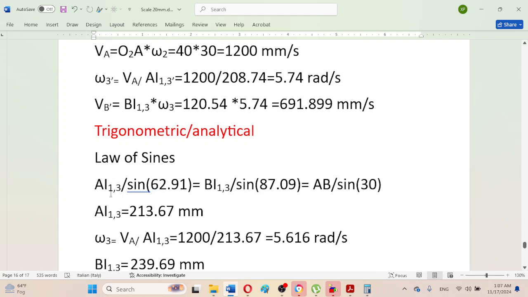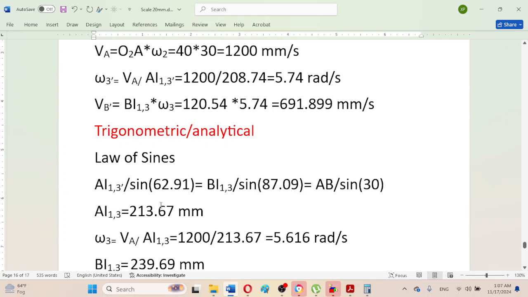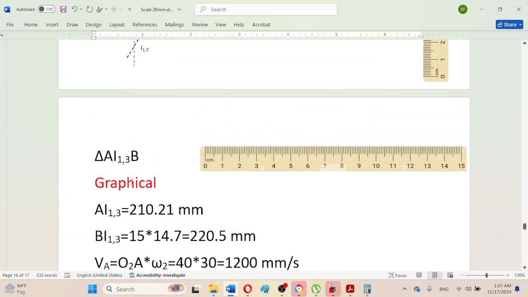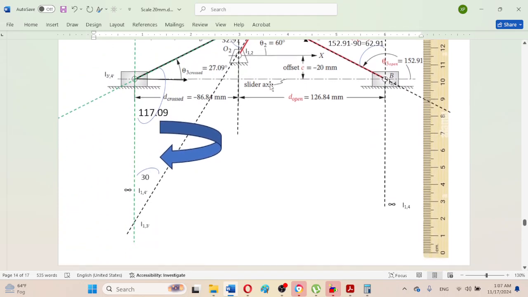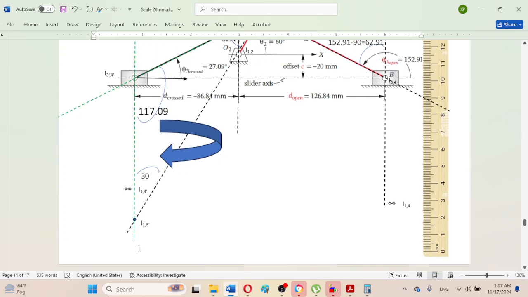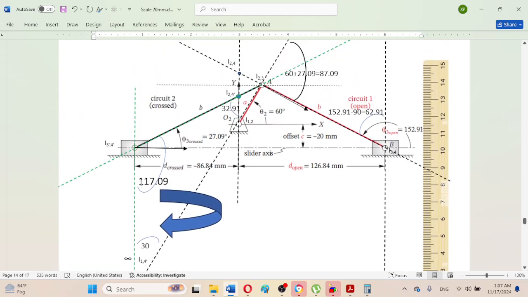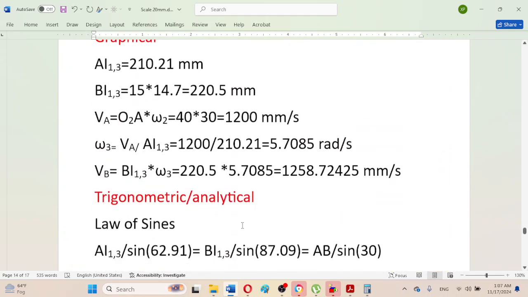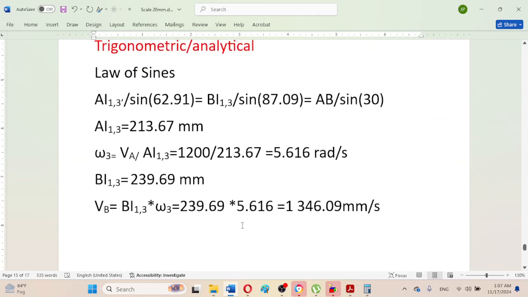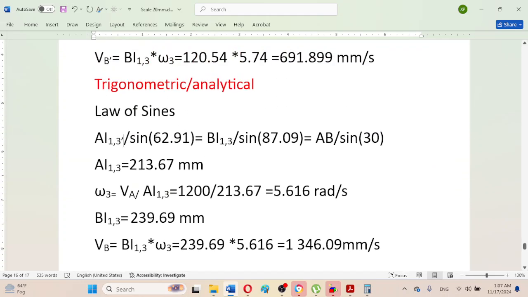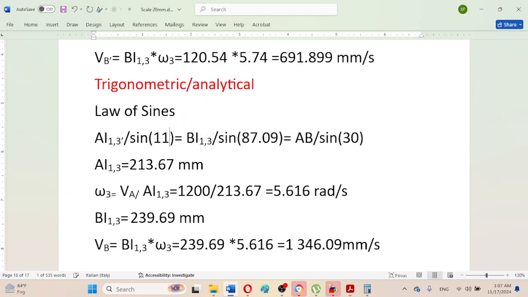Here, as we can observe, the angle AI13 dash, in the diagram we can show that the angle in front of this side AI13 is 117.09, so mention the angle here, 117.09.